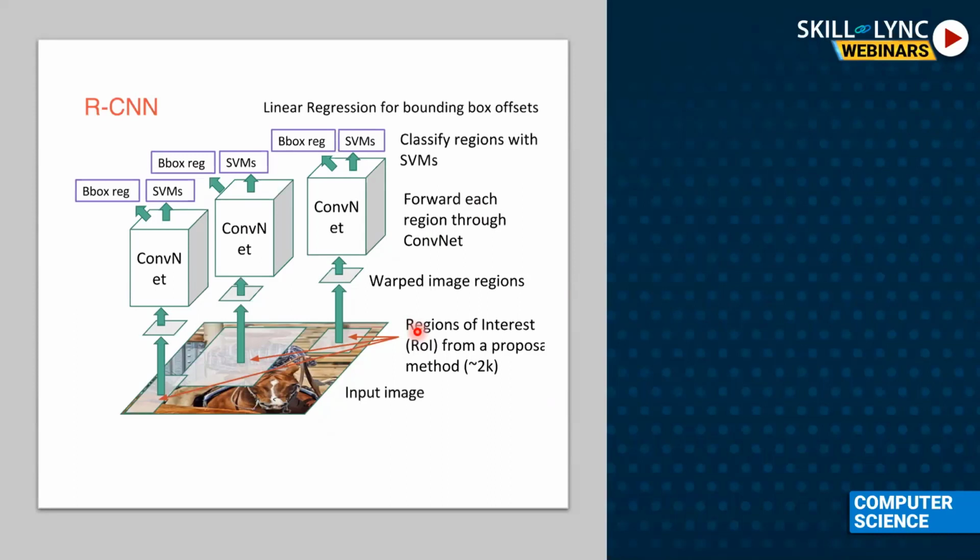So what we do is we propose some regions using some selective search algorithm. Like this is our image, and suppose we shortlist some regions in it, and these regions of interest we propose to be, suppose, 2000, and then we perform the convolution over these regions of interest.